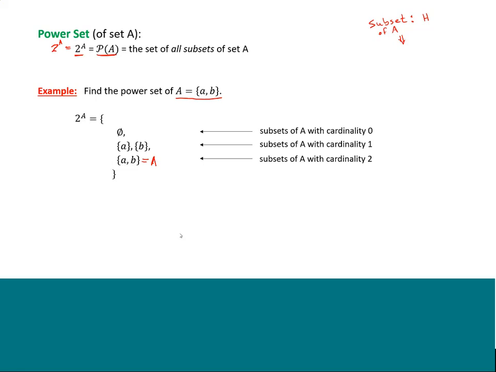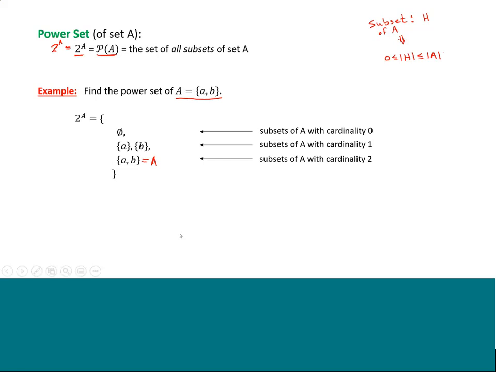That was all the subsets of A. The cardinality of any subset, well, it could be the empty set, so it could be all the way down there at 0. But the largest it's going to be is the same as the original set. So this would be the cardinality of A. And that's a way to check to make sure you've built your right subsets. If you've built a subset and it happens to have 3 elements with this example, you did something completely and crazily wrong. Okay?